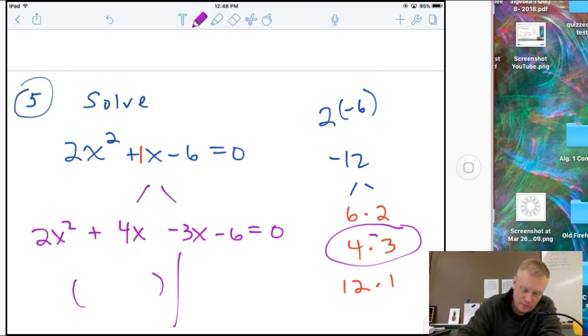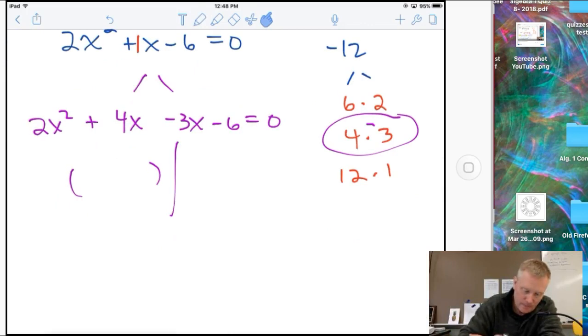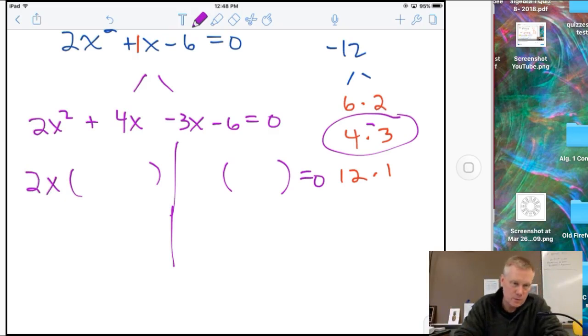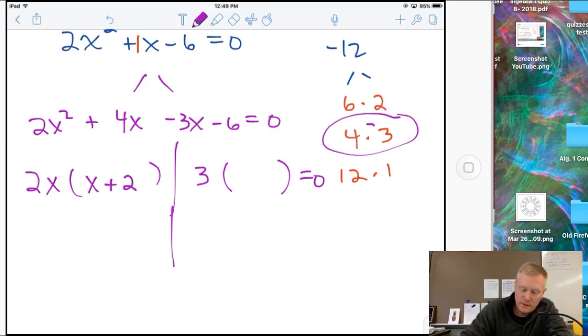Draw a line down the middle, factor the right side. So on the left side, I can pull out a 2. They both have x's. I can pull out 1x since the 4x has 1x on it. And what I'm left with is x plus 4 divided by 2 is 2. On the right side, I can pull out a 3. And then I'm left with negative x minus 2.